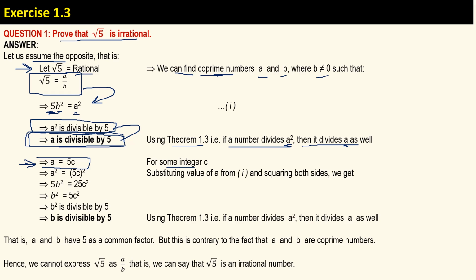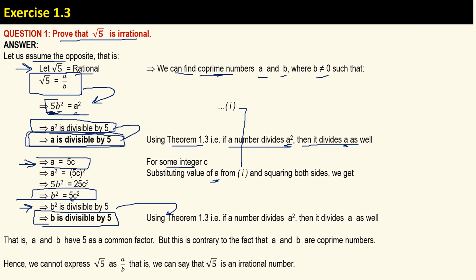Now if we rearrange this equation and use the value of a from equation 1, that is a square is equal to 5b square, we get b square is equal to 5 times c square, which implies that b square is divisible by 5 because we have 5 as a factor of b square. Now again using theorem 1.3, we get that b is divisible by 5.